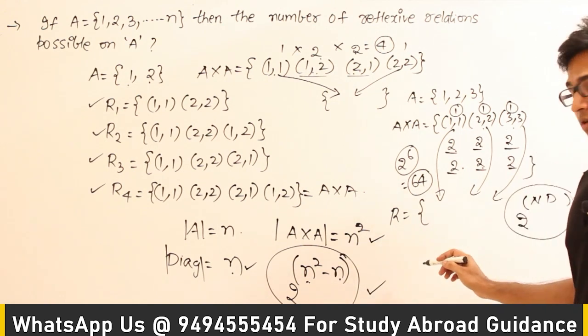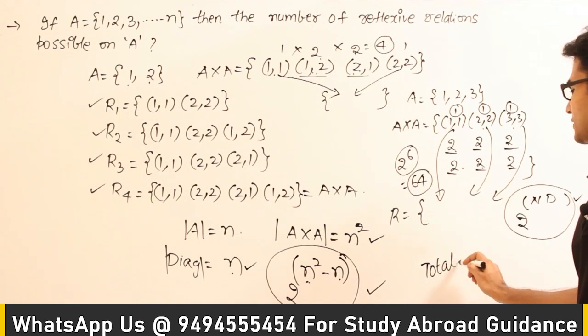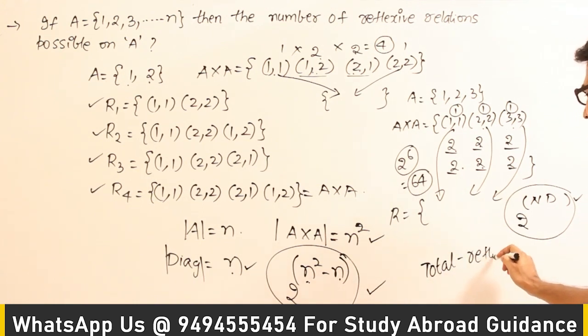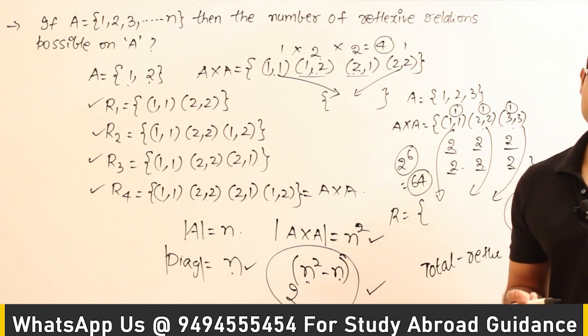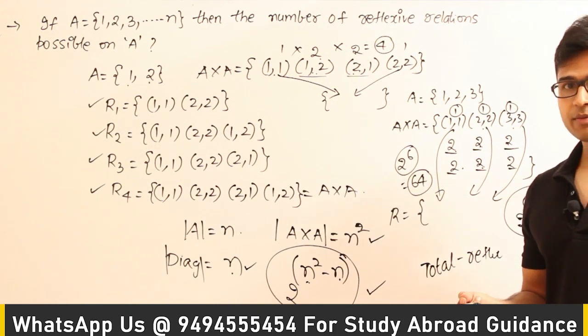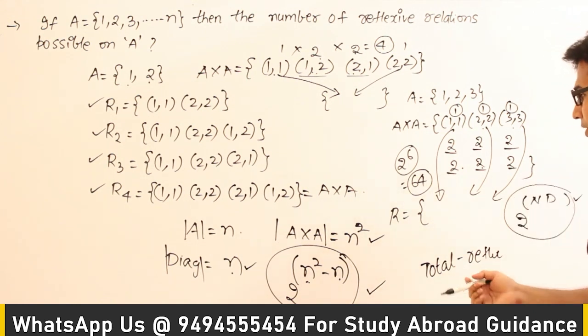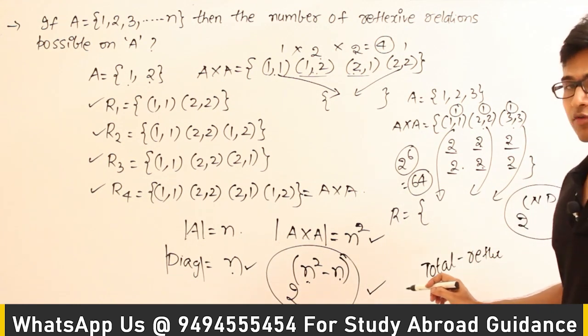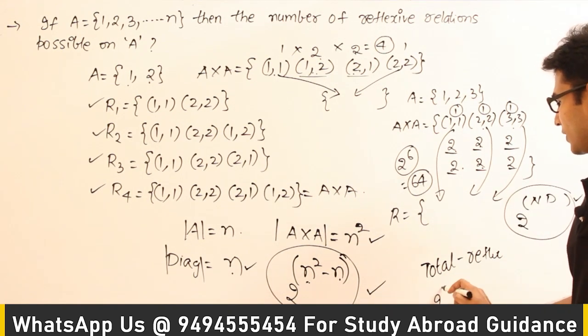It is nothing but the total number of relations minus the total number of reflexive relations, right? So for this you should understand how many total relations there are. The total number of relations I already told you is going to be 2 power m into n if A is of size m and B is of size n, in case of two sets, right? But here in this case the total number of relations from A to A is going to be 2 power n square.